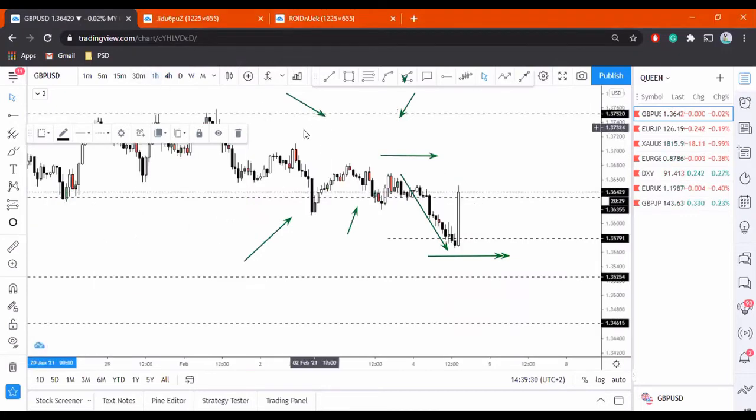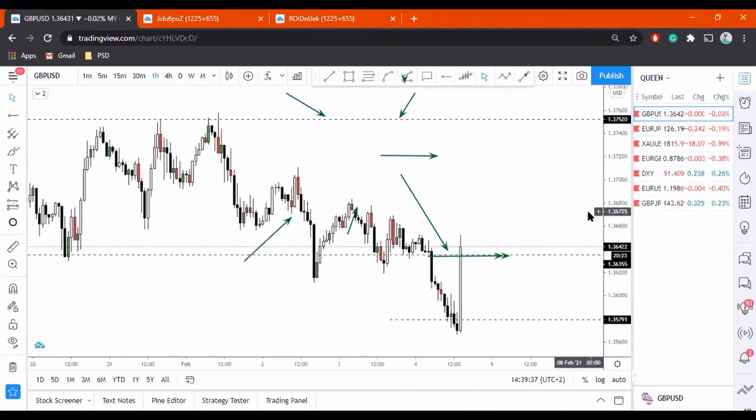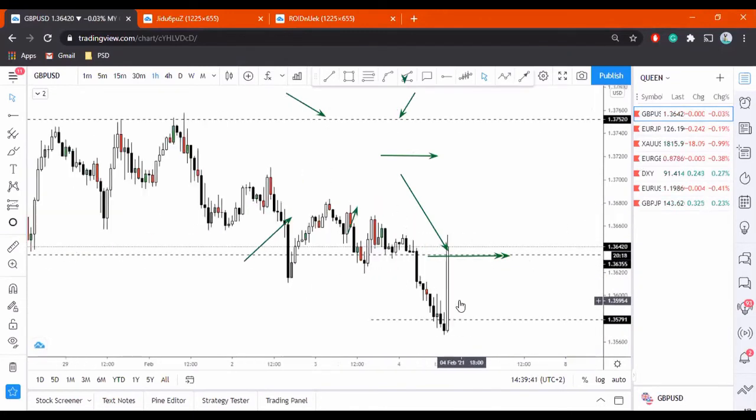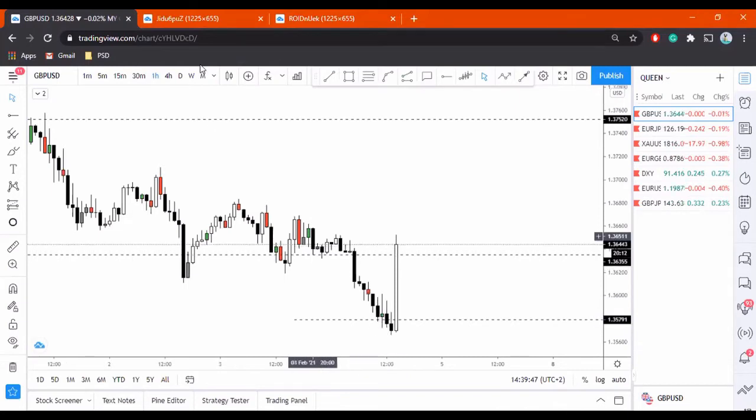if you check the 1 hour time frame around here, this was already our support.